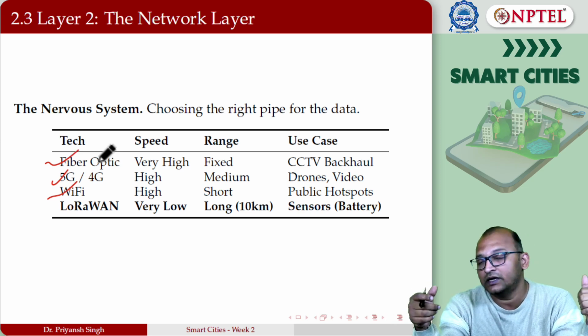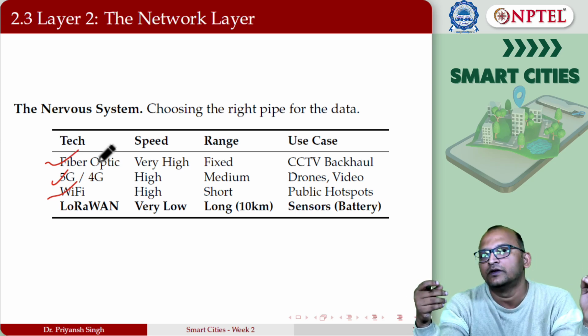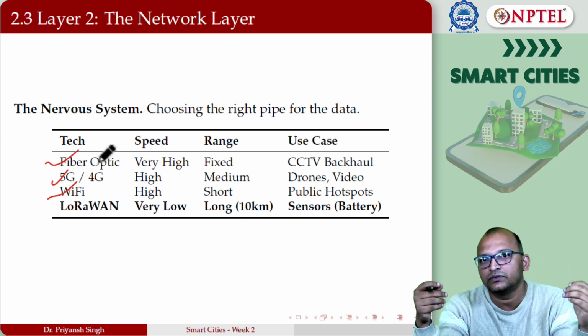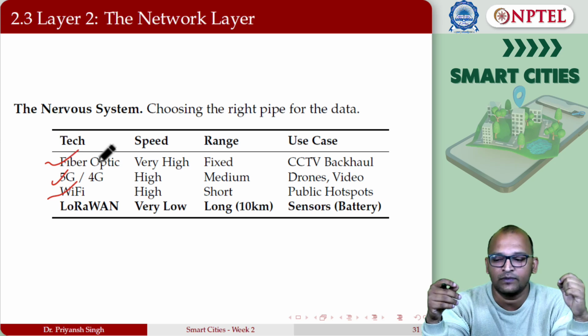You can use this where the system's requirement is to consume a very small amount of battery, like smart water meters or road sensors, which require very little energy.